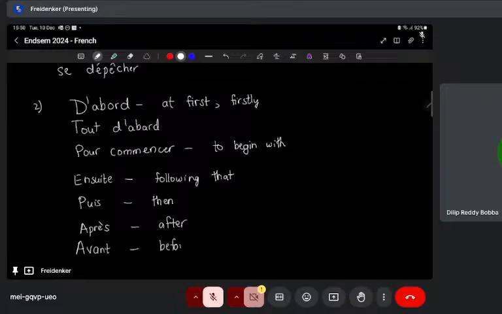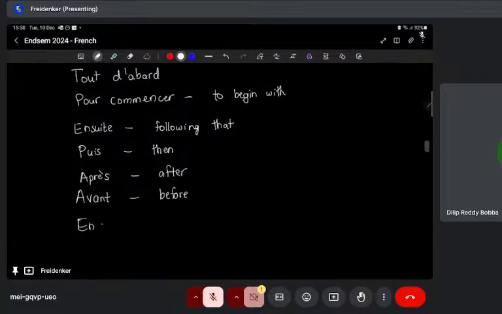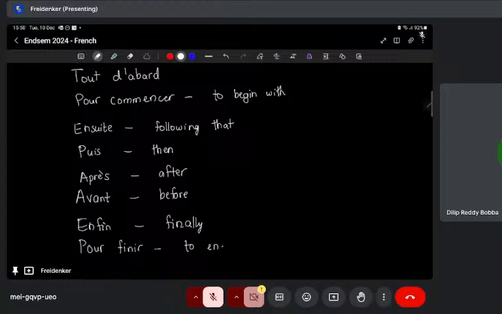They are found in the worksheet. And enfin means finally, or at the end, in the end, finally. And then even pour finir. Like how you have pour commencer, you also have pour finir, like to end with. I don't know if that's a valid statement. Let me just write to end with.